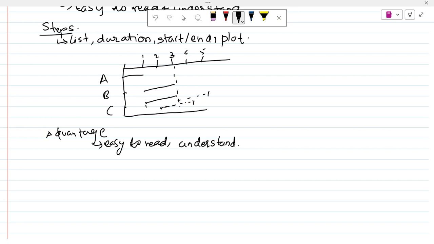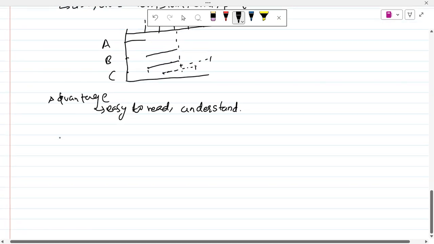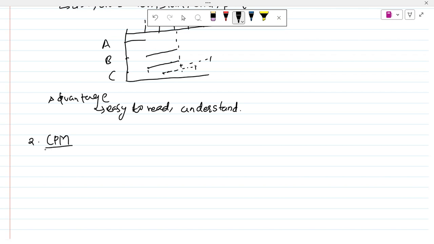There are other methods of scheduling. The first is the bar chart. The second is CPM, which is the critical path method. In this technique, the general idea is that we find the chain of activities which takes the longest time, known as the critical path.